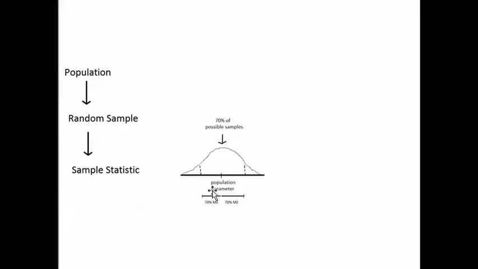Like I said earlier, the 70% margin of error is the distance from the population parameter to the boundaries of the area in which the sample statistic has a 0.70 probability of falling.